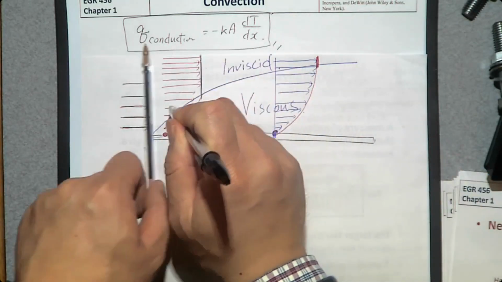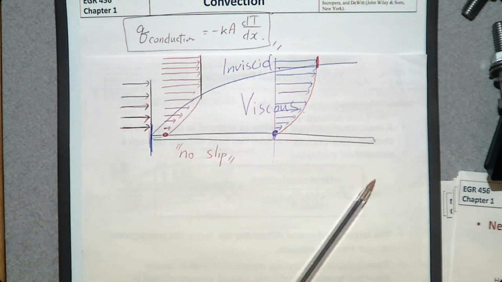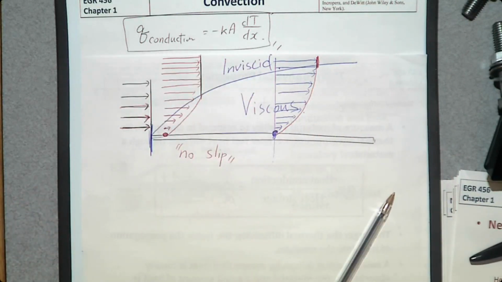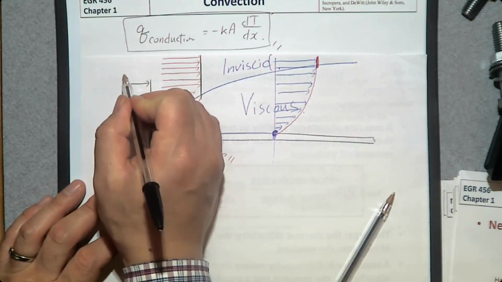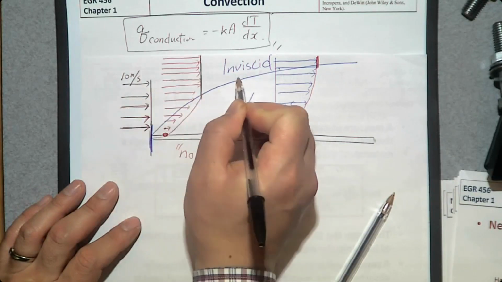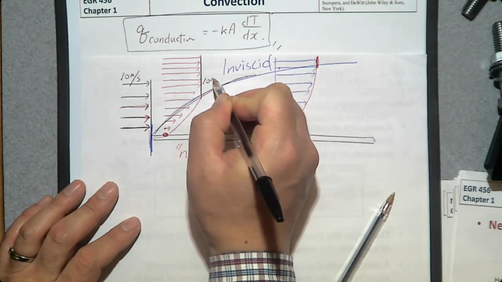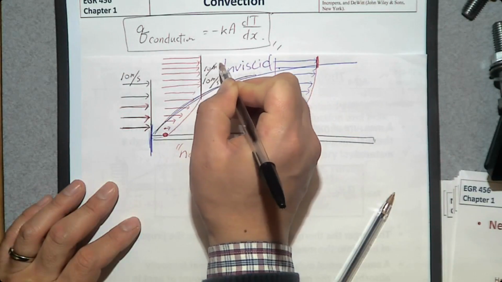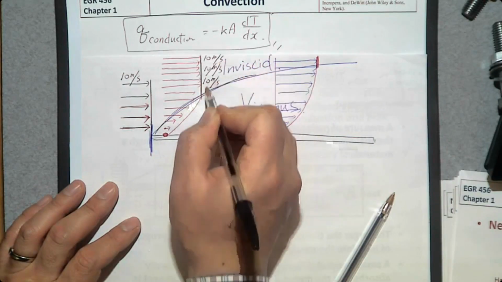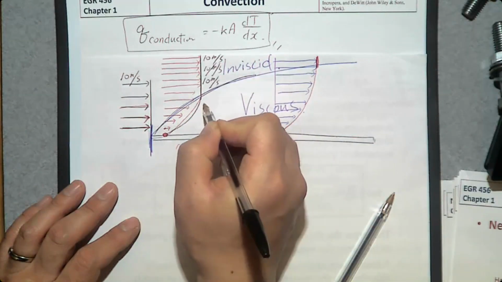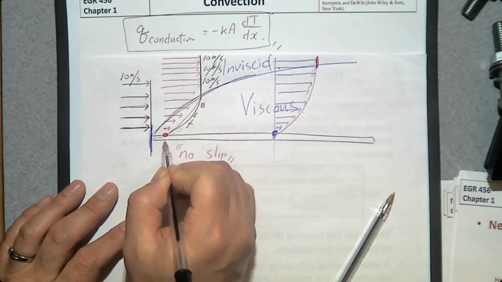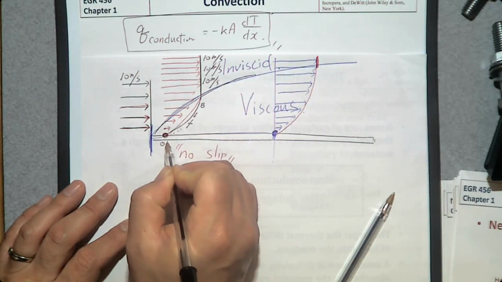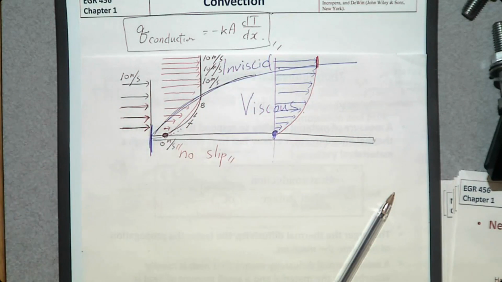If we assume that the uniform velocity of the fluid is 10 meters per second, outside of the boundary layer we have 10 meters per second everywhere. But within this boundary layer, we have 8 meters per second, 6 meters per second, 4 meters per second, etc. And the velocity at the surface is going to be 0 meters per second. That is what happens in fluid mechanics.